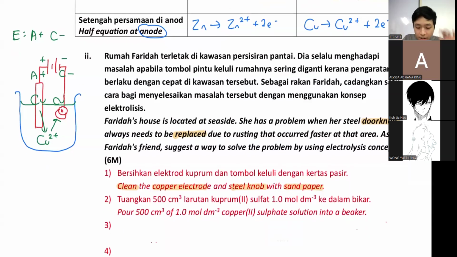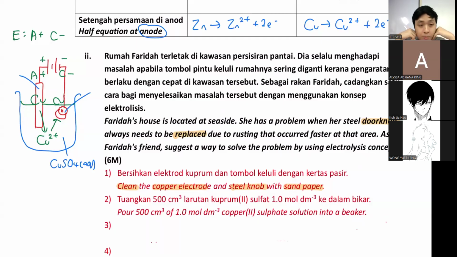And then remember you have to mention three things. The most important should be the electrolyte, the anode and the cathode. So you have to mention how much volume and what concentration of copper(II) sulfate solution if you are using copper.